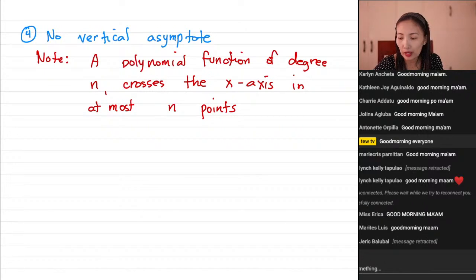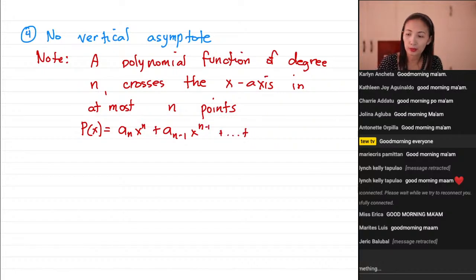And a polynomial function P of x is a function that takes the form a sub n x raised to n plus a sub n minus 1 x raised to n minus 1, until, including the last two terms in the expansion, plus a sub 1 x plus a sub 0, where n is a positive integer.